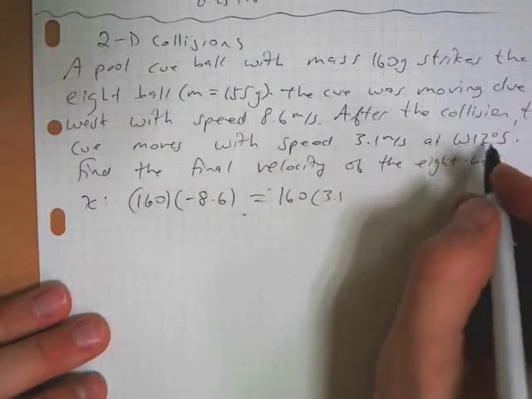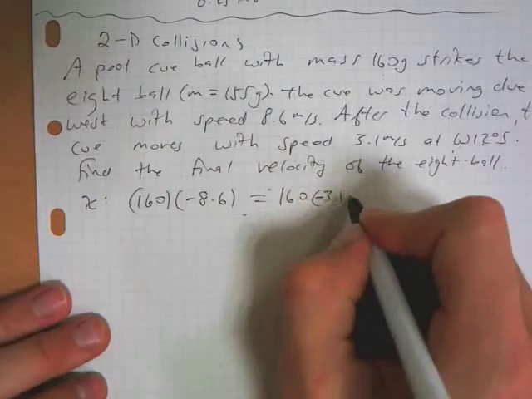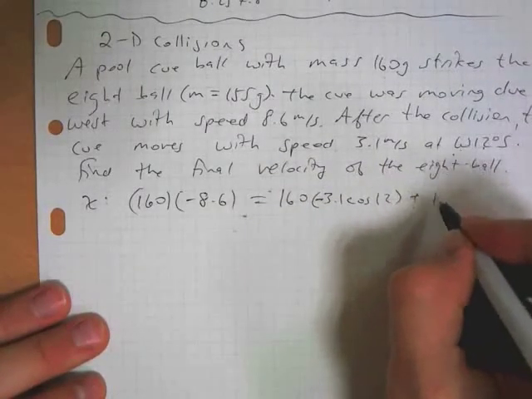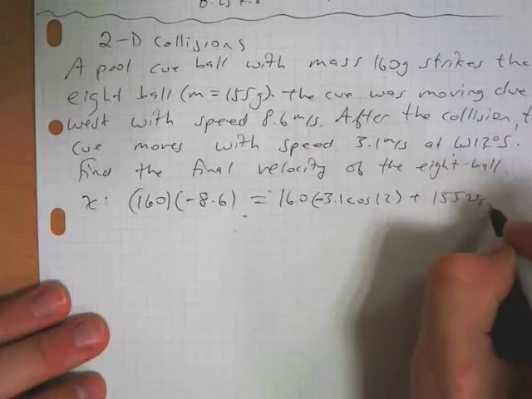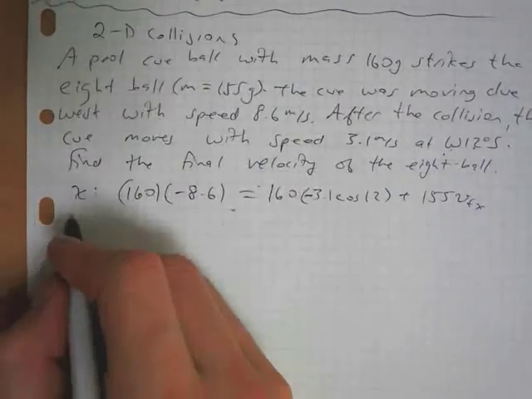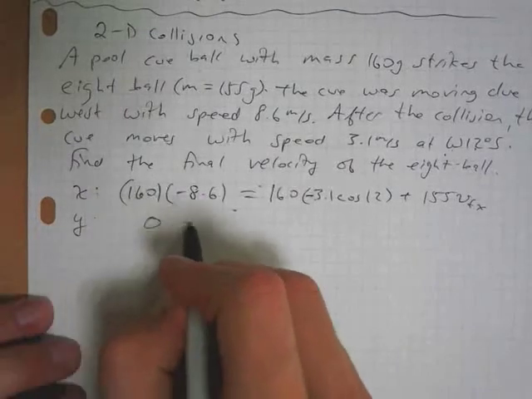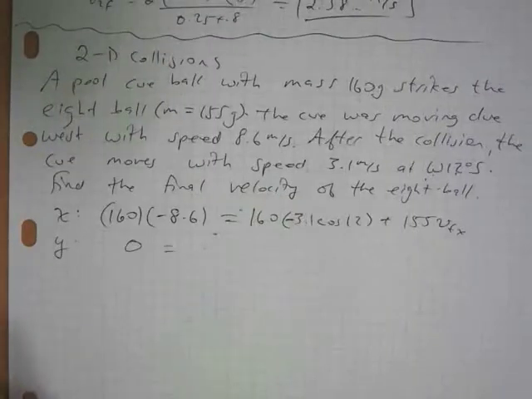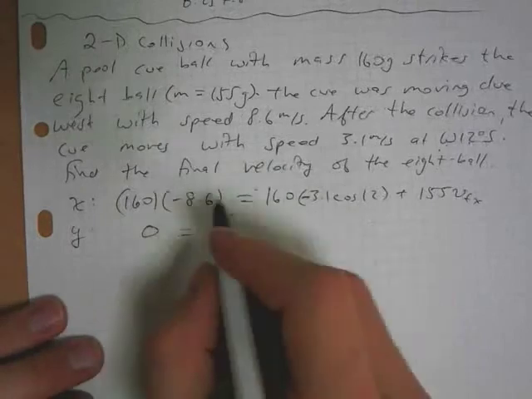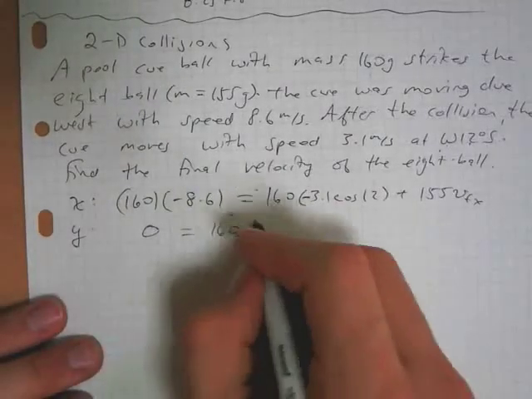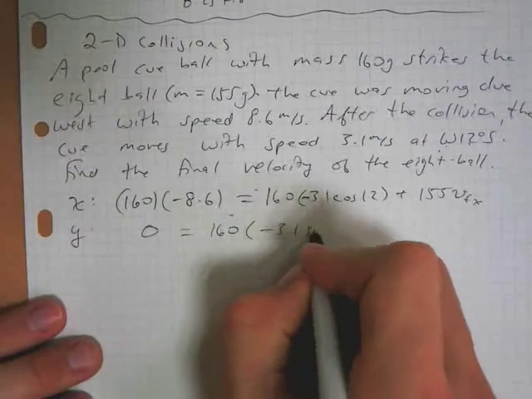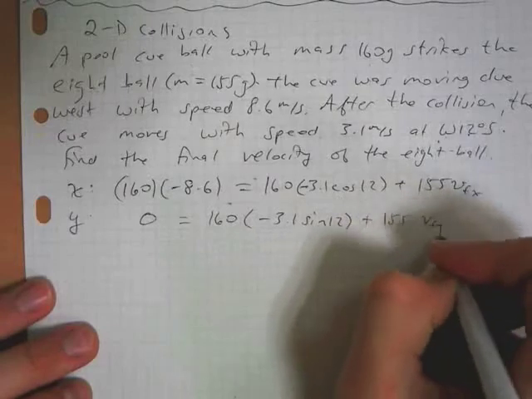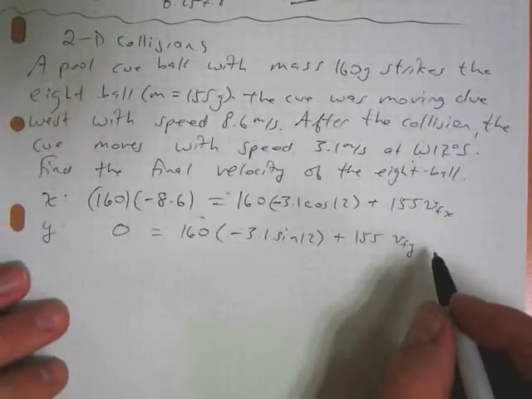So the x component of that is minus 3.1 cosine 12. And then we have the 8 ball going off with some v final x. In the y direction, we have zero initial momentum because the cue ball is moving west, so it doesn't have any y velocity, and the 8 ball is at rest. And so that is the y component of the cue ball's momentum plus the y component of the 8 ball's momentum.